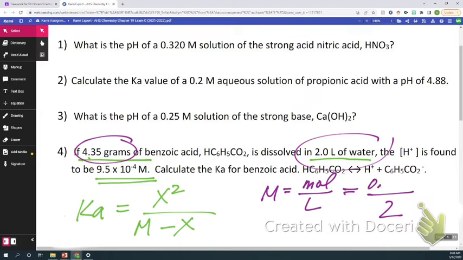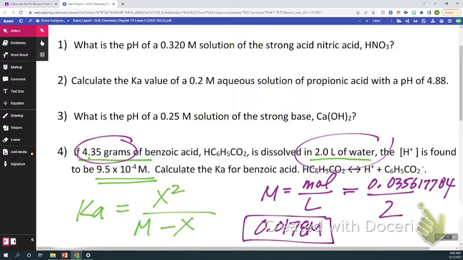Okay, and I got like 0.035617784, something like that. My molar masses might be a little bit different, but hopefully it's similar. Divided by liters, 0.0178 molarity. Can you check that?